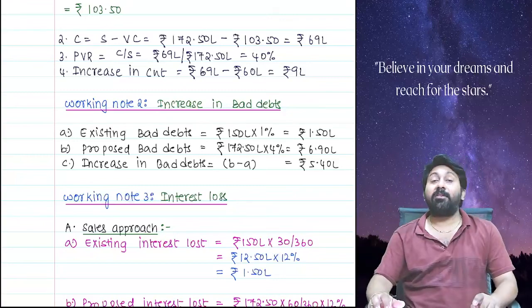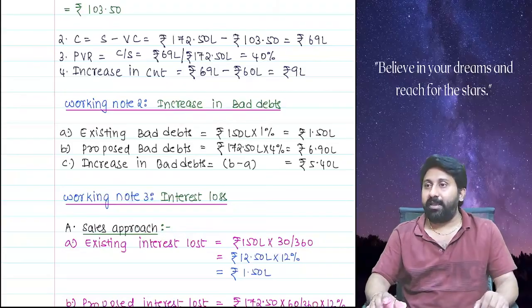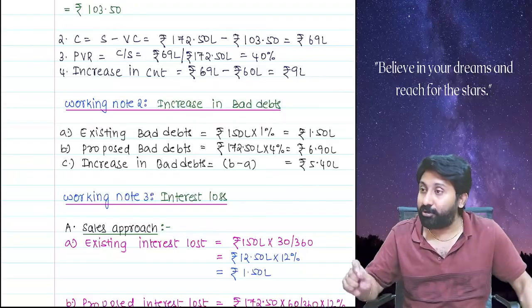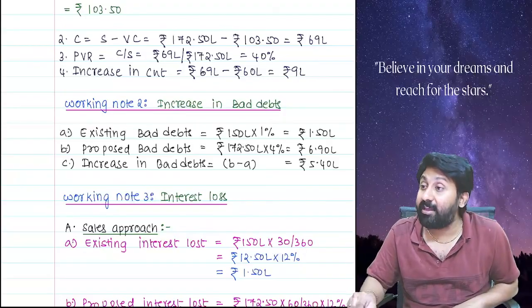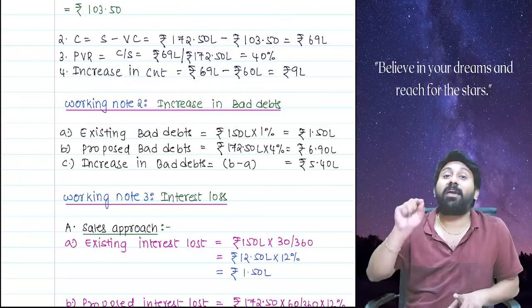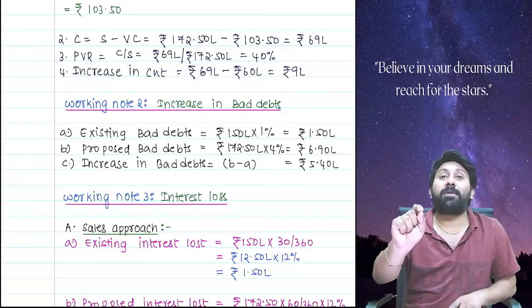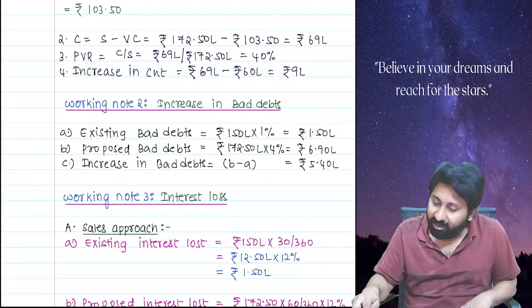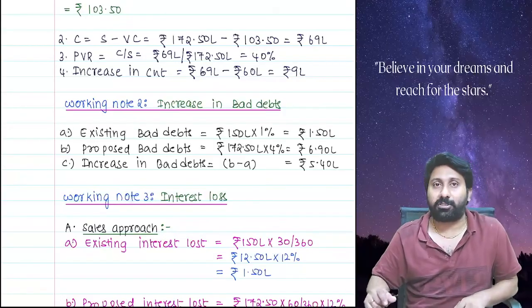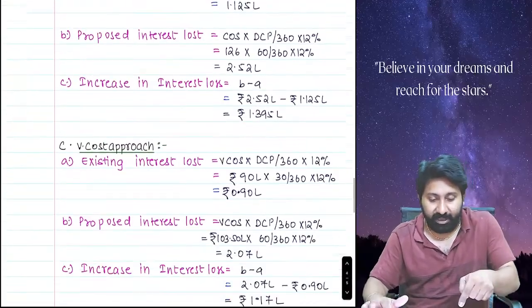If the information in the question clearly mentions variable cost, without mentioning any fixed cost, only variable cost information given, you have to use the variable cost approach.